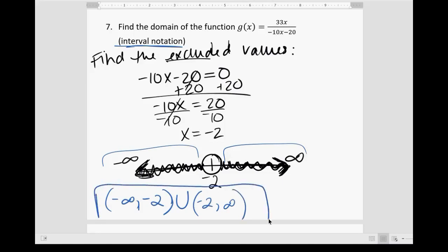This is the domain in interval notation. Interval notation is super important in this class, and you're going to need it in college algebra and beyond. It's a way to describe a large region very simply. So that's your answer.